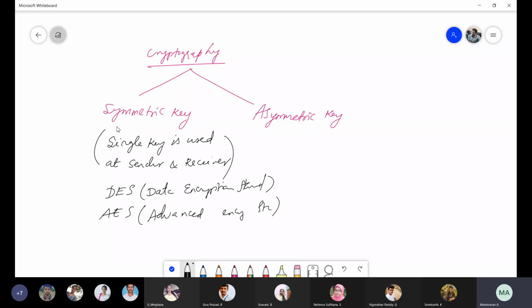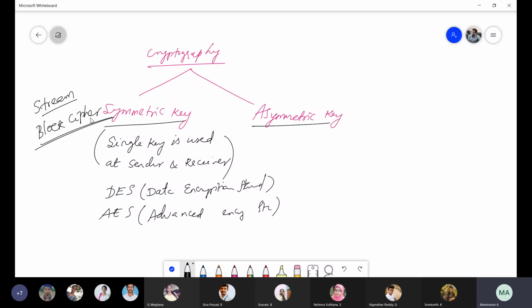But for symmetric key cryptography, we are using block cipher. What is block cipher? I told you, two ciphers are there. One is stream cipher, another one is block cipher. Stream cipher means we'll take each and every character and convert it into cipher text.